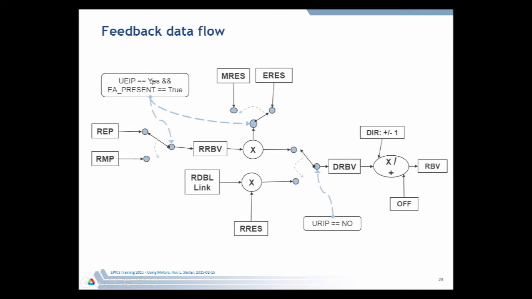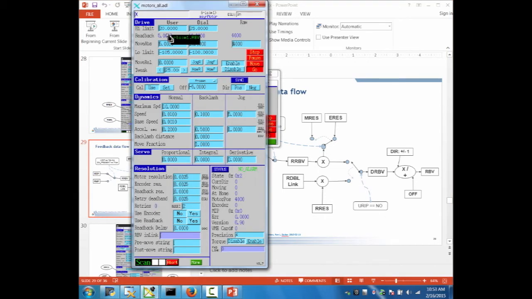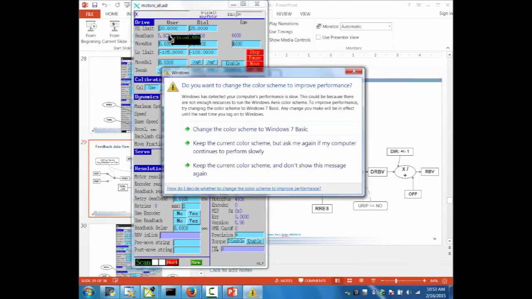This one here controls these two switches, and this logic block controls this switch here. So basically, where you get your readback from, let me pop back to this display again. All right, so this is your user readback value here. And basically this diagram tells you where you're getting that from.